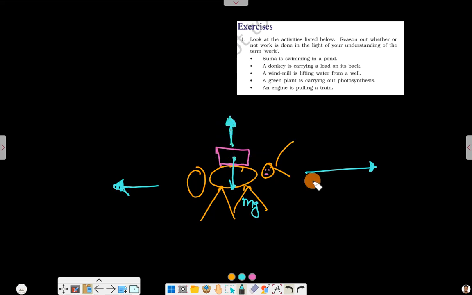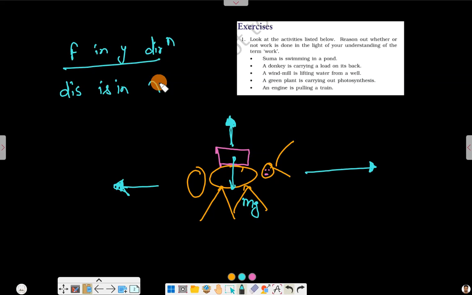Means force is upward, in the y direction, and displacement is in the x direction.